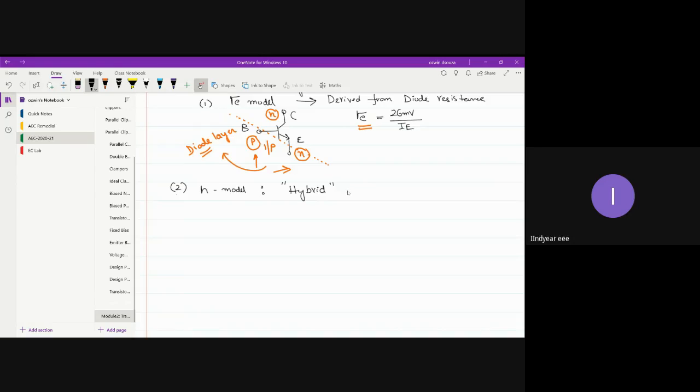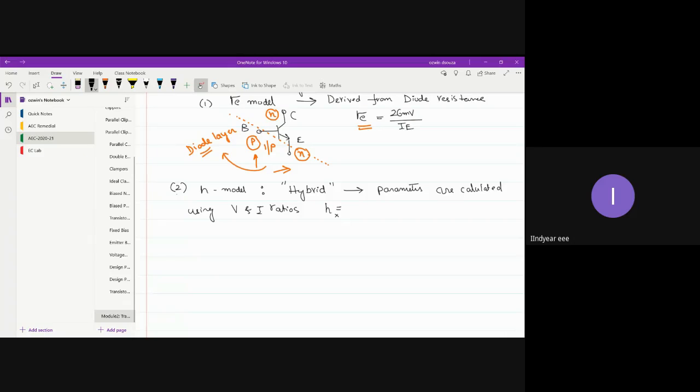Why hybrid is due to the fact that your h model parameters are calculated using voltage and current ratios.